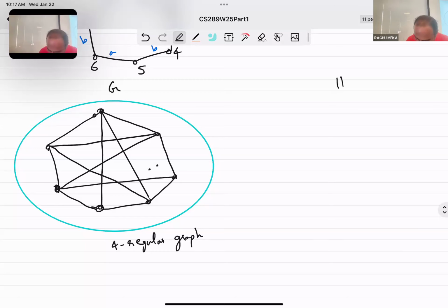And then we have H, which is just the 4-cycle. Okay, so this is G, this is H. G is a 4-regular graph, meaning it has 4 edges coming out of every vertex. Then I can do the zigzag product. Okay, it's well defined.